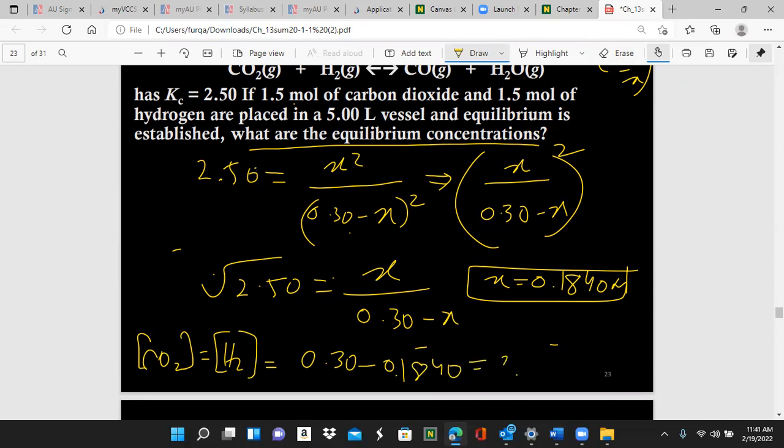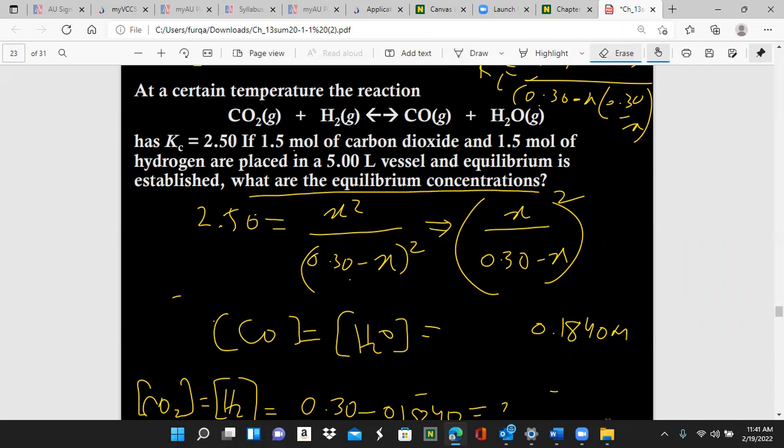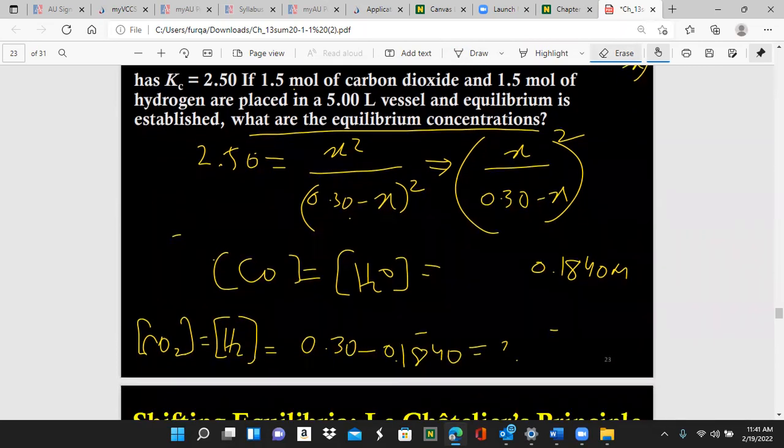Because it's a 1:1 mole ratio, the concentration of H2O, which we are considering because it's in its gaseous phase, not its liquid phase, is equal to CO, which is equal to the value of x here. You can just subtract and get the value.